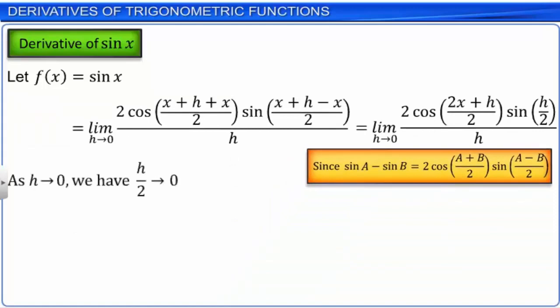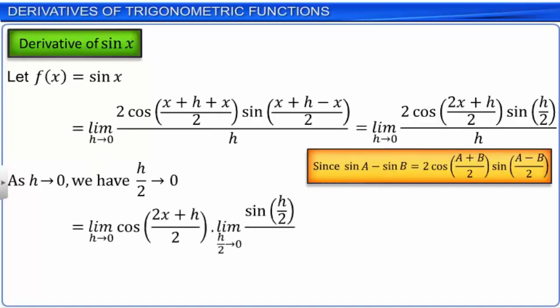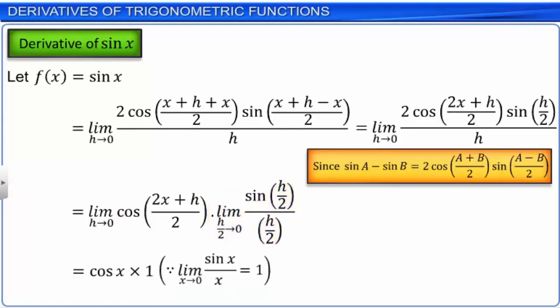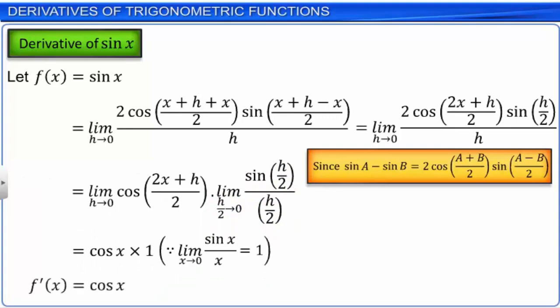As h tends to 0, h divided by 2 also tends to 0. Now, we can rearrange the function as shown. The first term in the product becomes cos x. The second term becomes 1. Therefore, the derivative of sin x is cos x.